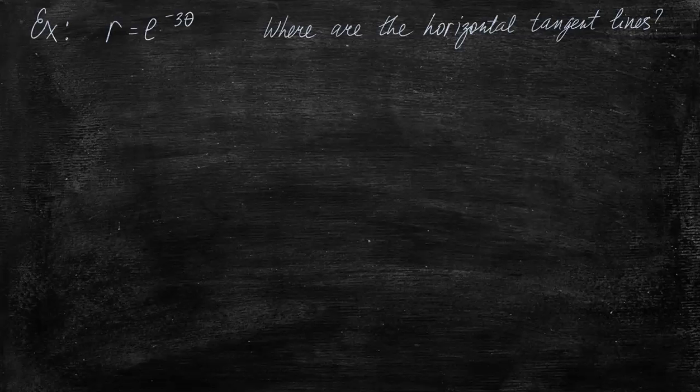Asking for horizontal tangent lines is basically asking to identify all the points where the slope is equal to 0. First we're going to parameterize it, and then we're going to find the slope.